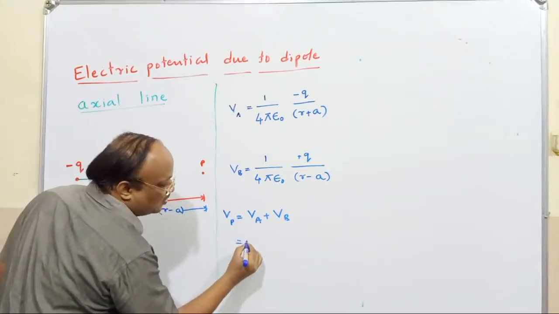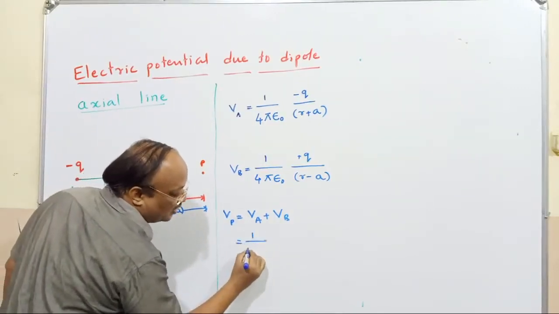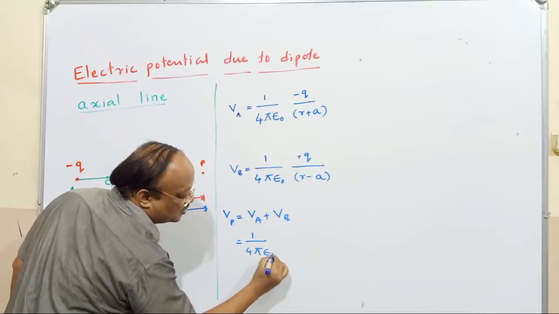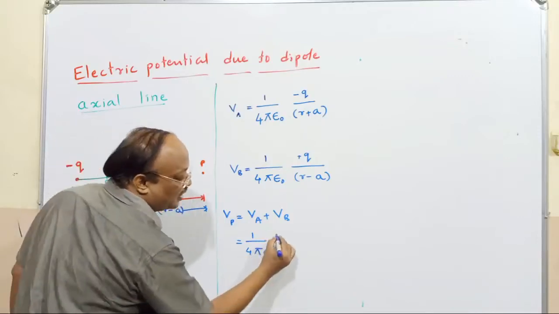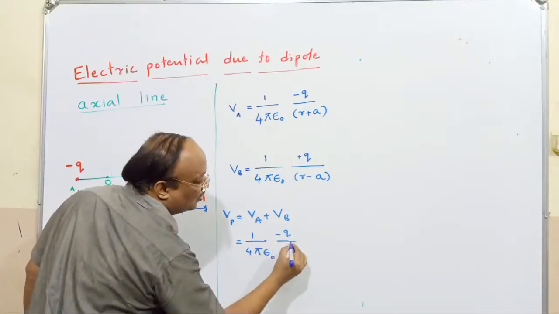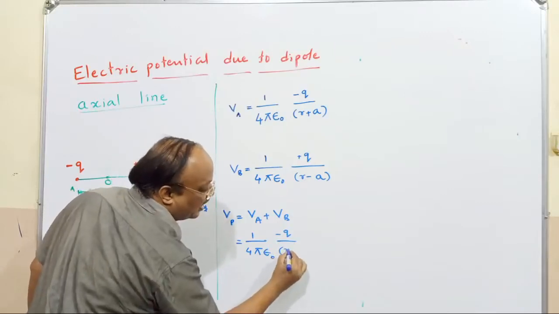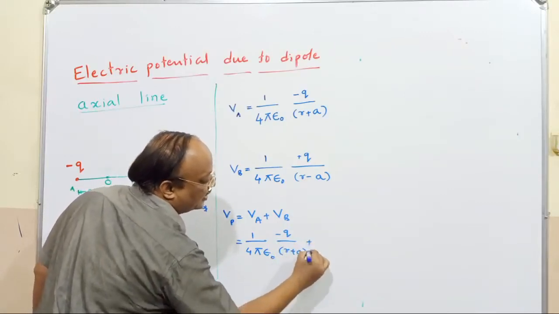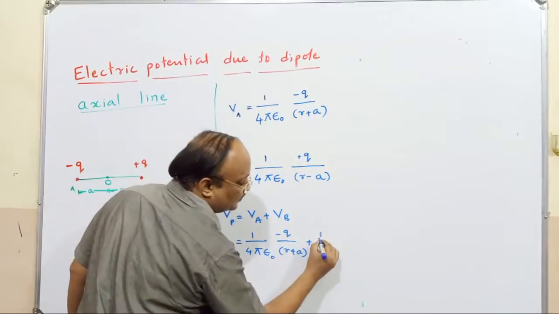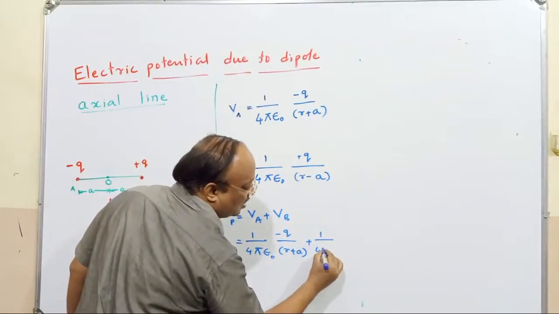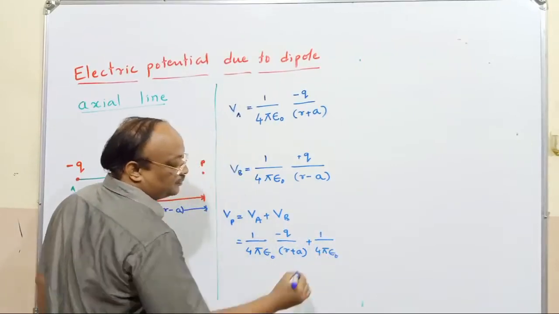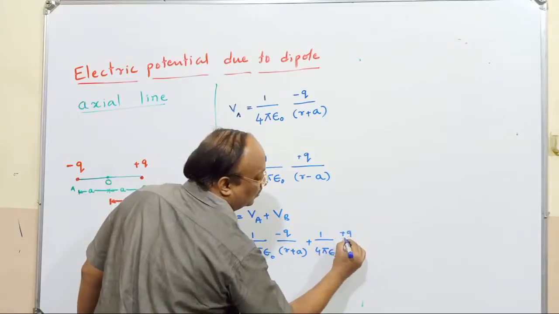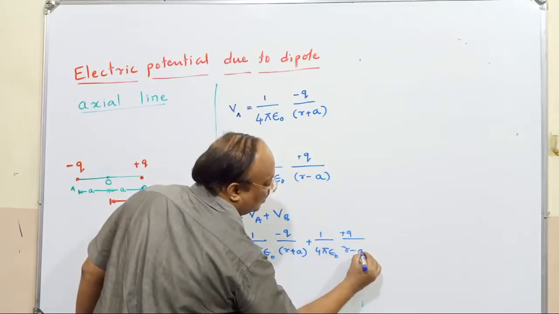It is equal to 1 by 4 pi epsilon naught, minus Q by R plus A, plus 1 by 4 pi epsilon naught, plus Q by R minus A.